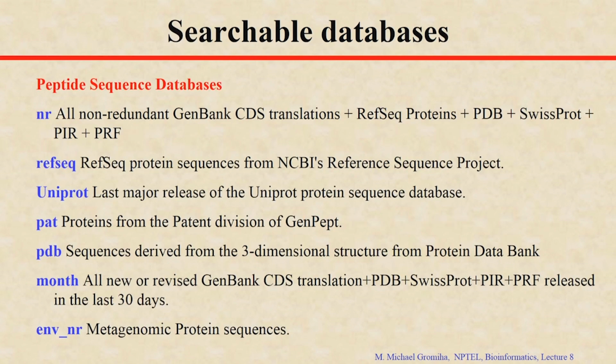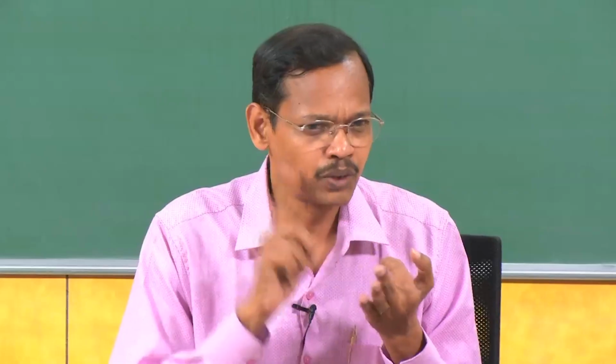So, now this is the query sequence. You can give the query in different formats: either the sequence in a specific format, or the accession number, right, a UniProt number or GI number and so on. Then the searchable database: we have to provide the database to search. There are different options available in BLAST.